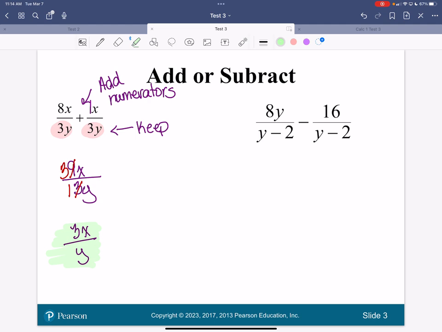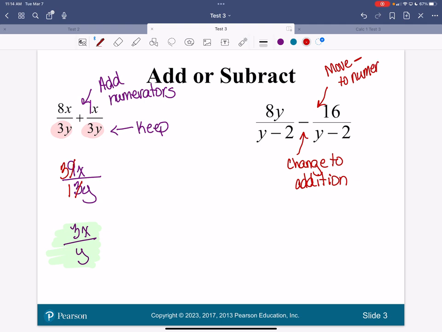Now for the next one that we're going to look at, it is subtraction. I want you to always change subtraction to addition. So I want you to change your subtraction sign to addition, and then I want you to move the negative to the numerator.